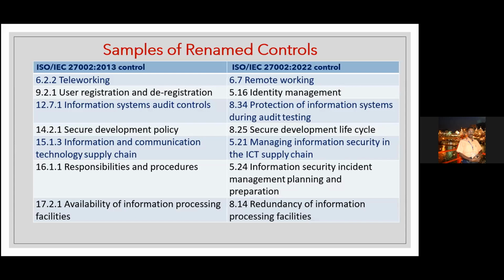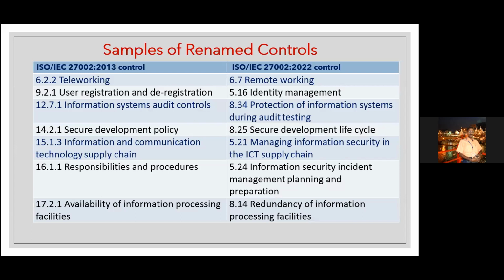So when we look at the renamed controls, to understand how the renaming gives a better idea about a particular control, I have taken only some samples, not to go into details. The 2013 version control called teleworking at 6.2.2 is now renamed as 6.7, remote working.